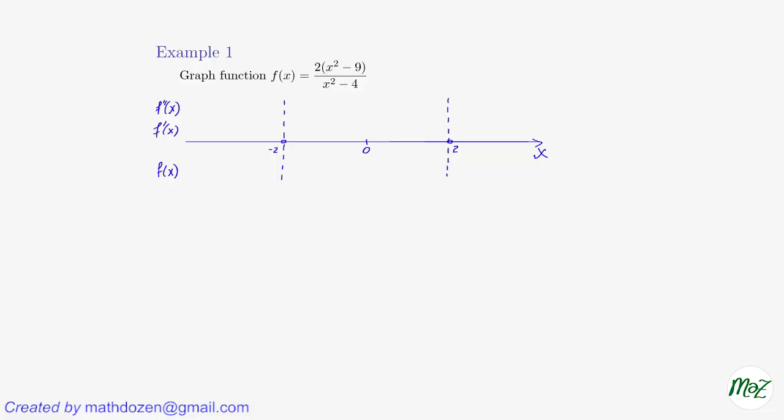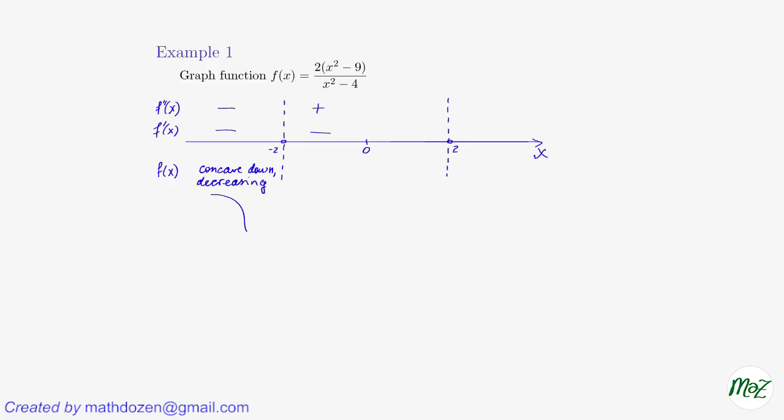So -2 and +2 are vertical asymptotes, so I'm putting those dash lines for the vertical asymptotes. On the interval to the left of -2, both first and second derivative were negative. So the function itself must be decreasing and concave down. And that makes it look like this piece of the curve, so it must be decreasing and concave down.